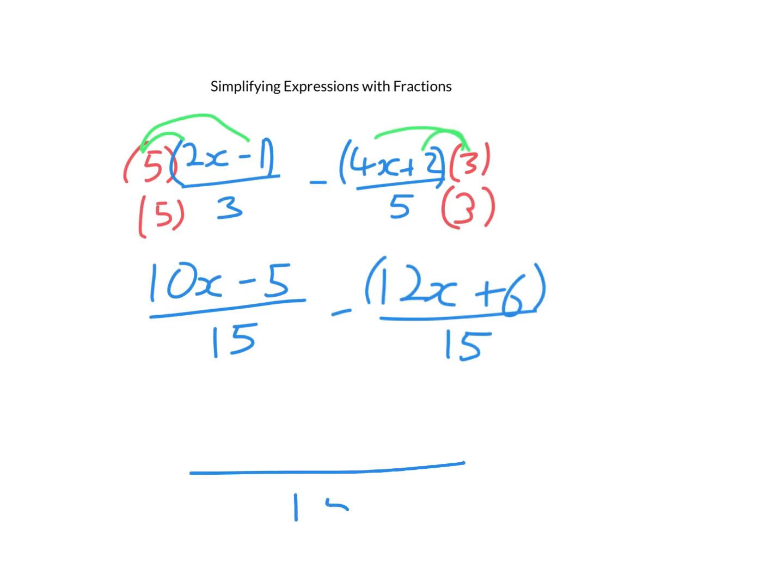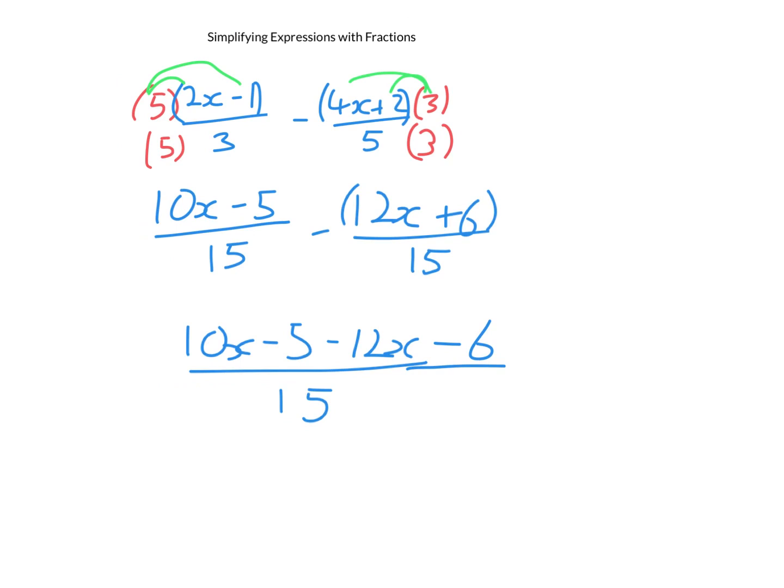15 is going to be our denominator for the whole thing. We're starting off with 10x - 5, and we have to take away 12x + 6. So we're taking away our 12x, that's going to be minus 12x, but we also have to take away our 6. We're subtracting the 6 as well. So that becomes a minus 6.